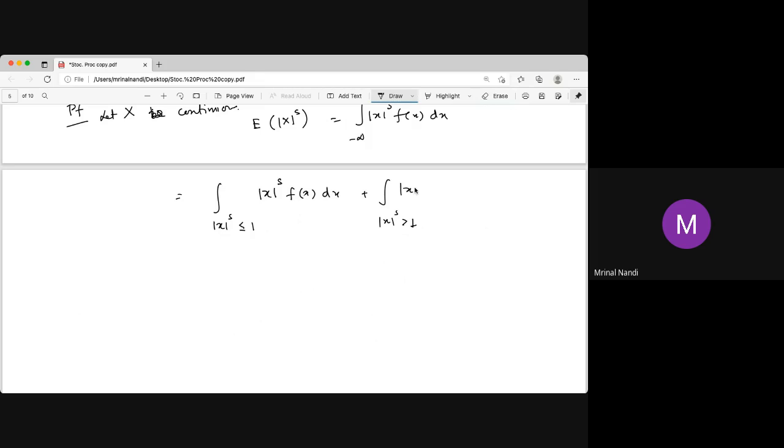So we break this into two different parts. Now what is this? This is less than the probability of |X|^s less than or equal to 1.